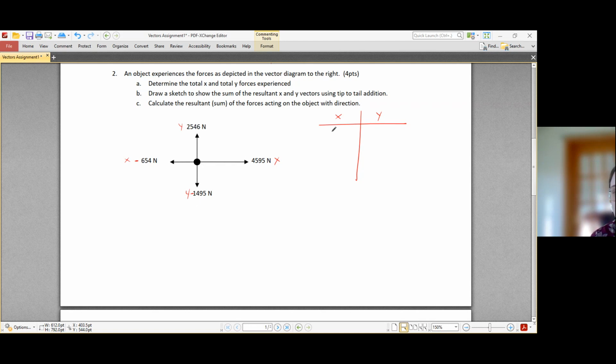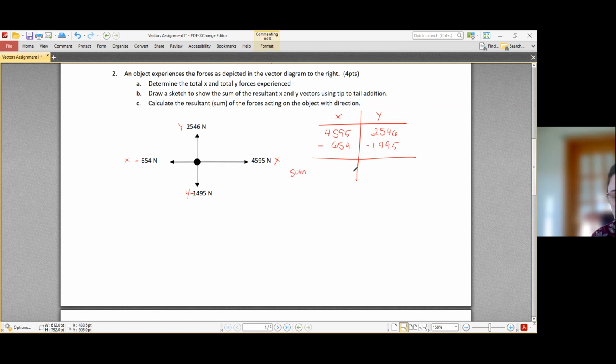Putting the values into our chart, we'll just categorize them. So we have a positive x of 4,595. We have a negative x of 654. Then on the y's, we have a positive y of 2,546, a negative y of 1,495, and then we're going to get the sums, or the total.